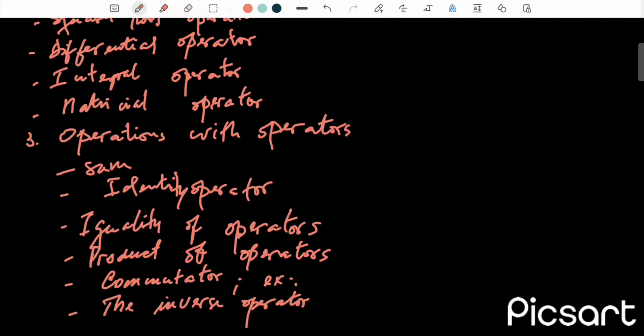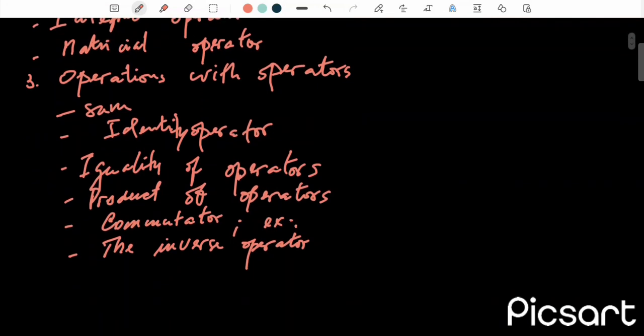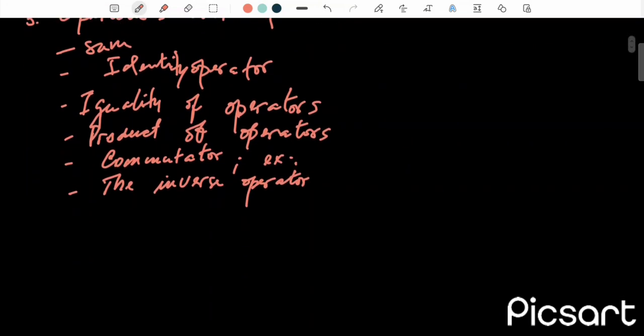We'll talk about the identity operator, equality of two or more operators. We will talk about the product of operators. We'll talk about a commutator, and in the end we will talk about the inverse operator or the inverse of operators.